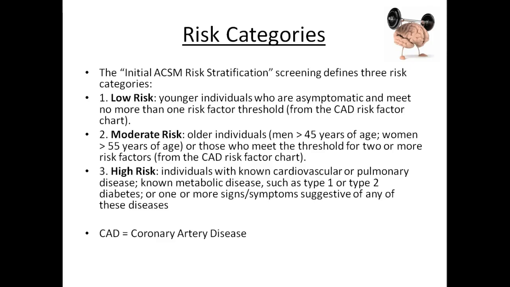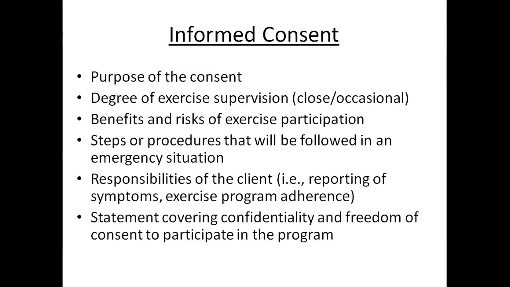Moderate risk: older individuals, those over the age of 45 if they're men, 55 if they're ladies, or who meet 2 of the thresholds or more for the risk factors. And then category 3, which is your high risk category. These are known cardiovascular and pulmonary disease patients. They might have metabolic disease such as diabetes, or they've got more than 1 sign that suggests that they have these diseases. So low, moderate and high risk categories.